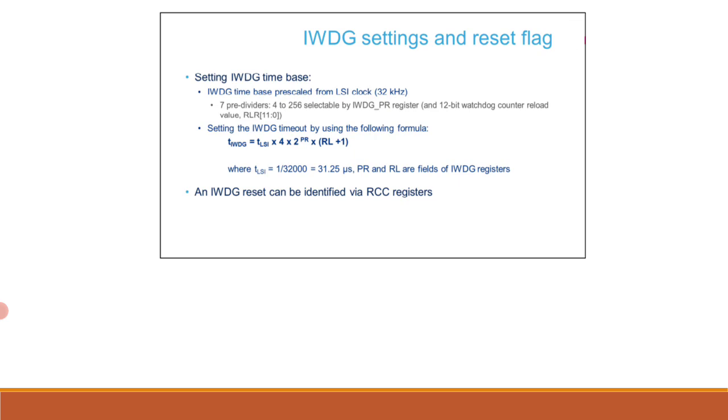It was given here, TIWDG is equal to, just make a note of it. The independent watchdog time is based on the LSI period and its prescaler as well as the selected watchdog counter and reload value. Note that the reset clock control RCC of the product provides registers giving the source of the reset. In that way, the application can check if a reset is caused by an independent watchdog. Is this clear? Then we can move on to the low power modes.